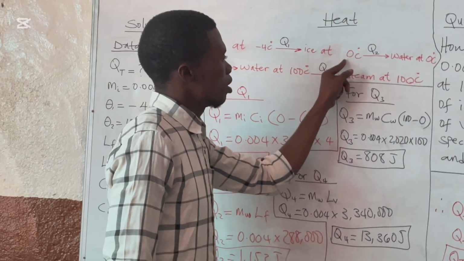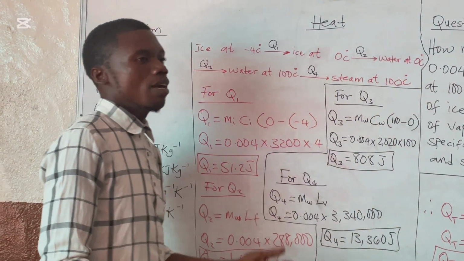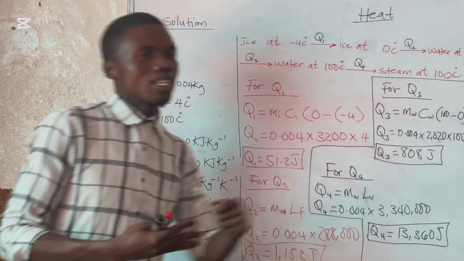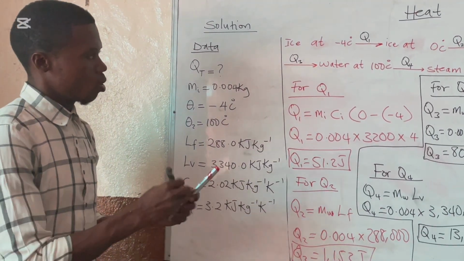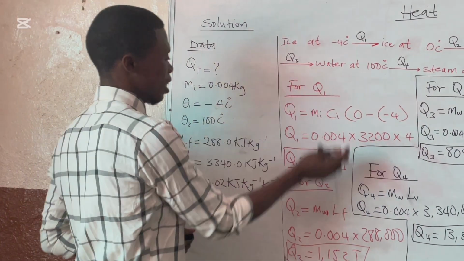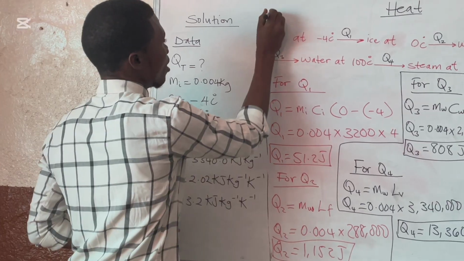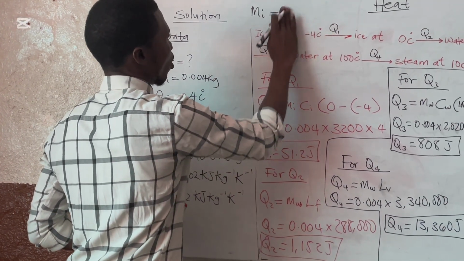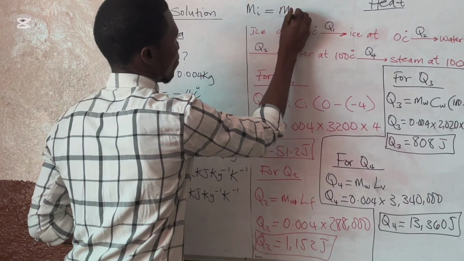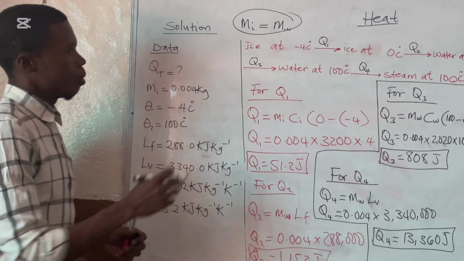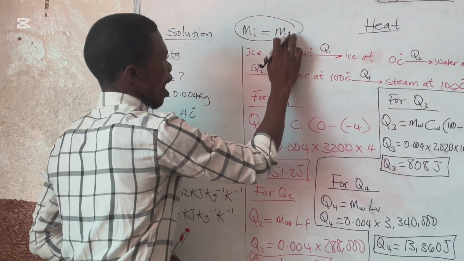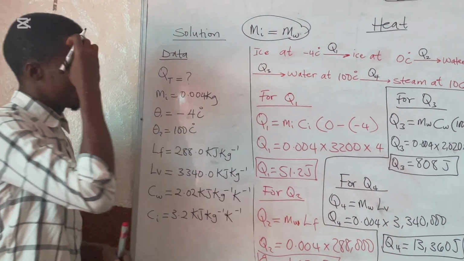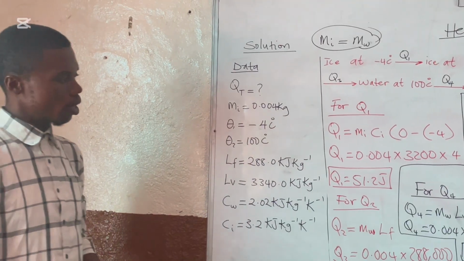So when we melt this ice, it will have the same mass. So the water now will be the same mass as the ice. So I'm going to emphasize and say, at this point, the mass of the ice is equal to the mass of the water. Please remember that. The mass of the ice at this point will be equal to the mass of the water.